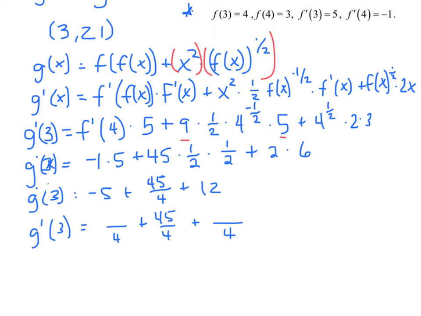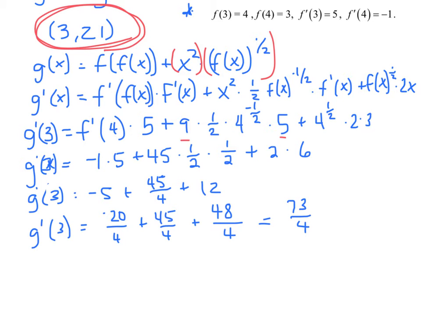Okay, so the negative 5 times 4, to make that a denominator of 4 would be negative 20. And 12 times 4 would be 48. So if I go ahead and add those, negative 20 plus 45 is 25. Plus 48 is 73 over 4.